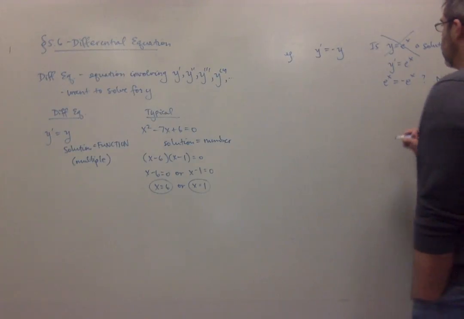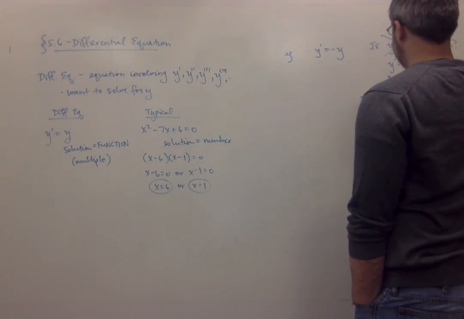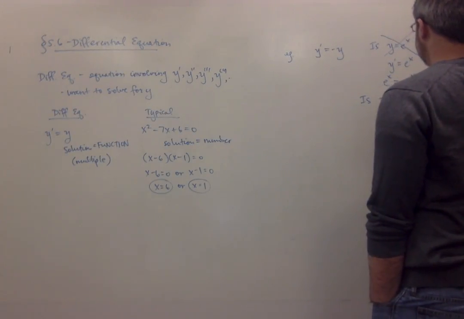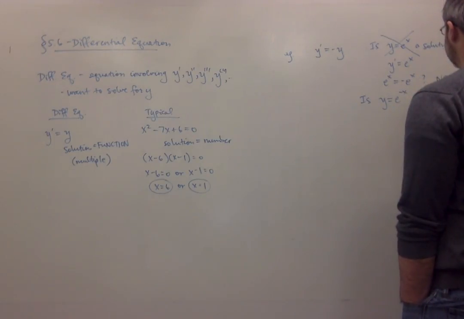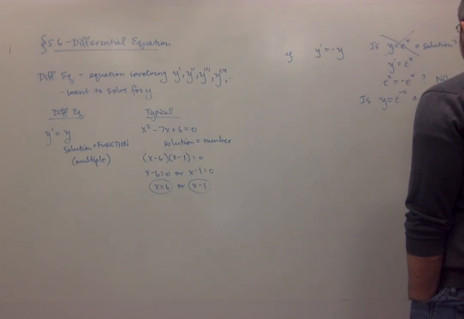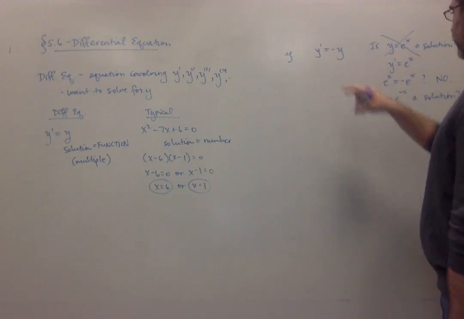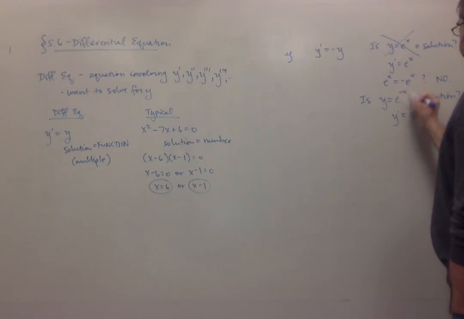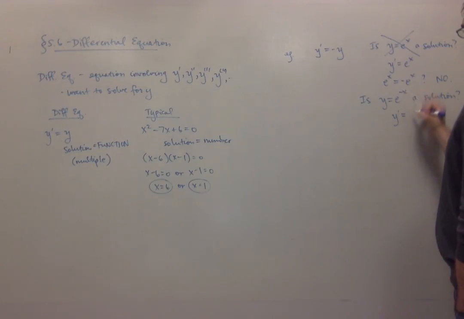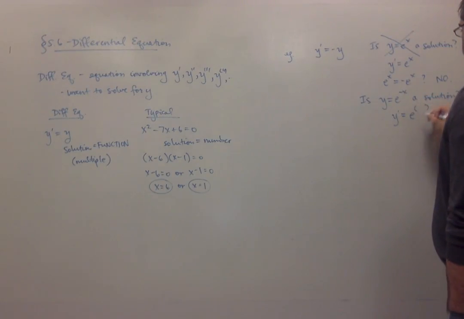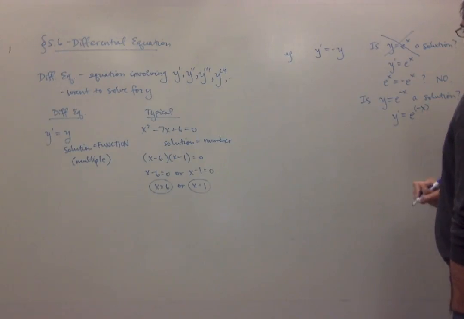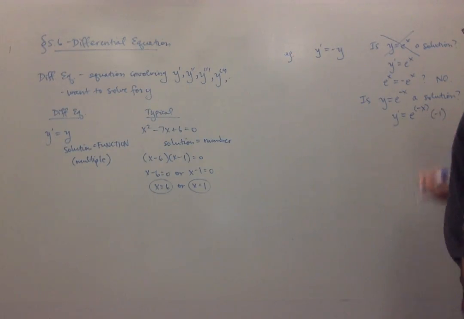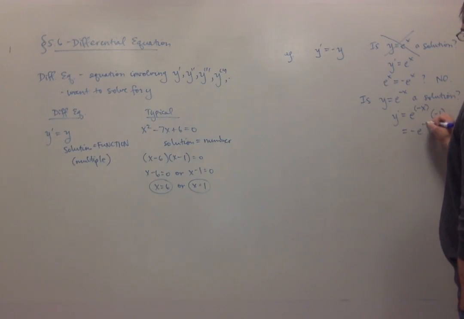But if I were to say something like, is y equals e to the negative x a solution? Well, if we wanted to plug that in and see, let's take the derivative. To take the derivative, I've got a chain rule here. Derivative of the outer, plug in the inner, times the derivative of the inner. So the first derivative is negative e to the negative x.